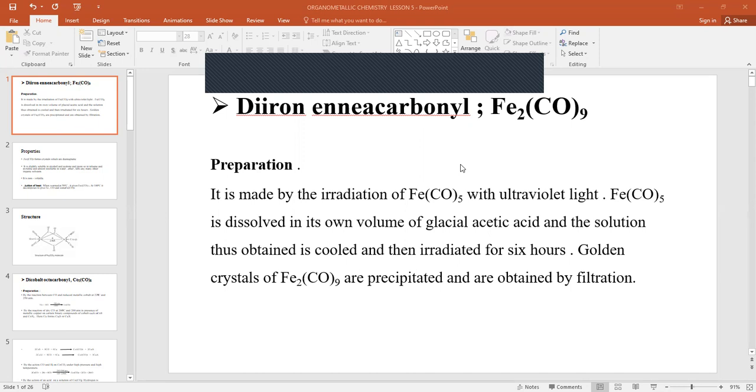When iron pentacarbonyl is dissolved in its own volume of glacial acetic acid, the solution obtained is cooled and then irradiated for 6 hours. Golden crystals of diiron nonacarbonyl are precipitated and are obtained by filtration.